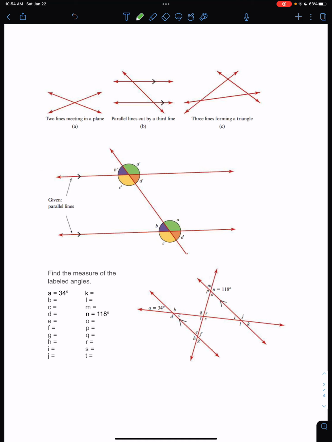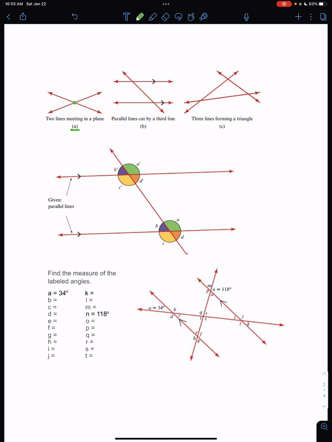On the screen here, under letter A, we have two lines that meet in a plane and they have a point of intersection. These are intersecting lines. And that's about all I want to say about that for right now. We'll get more into intersecting lines in a little bit.